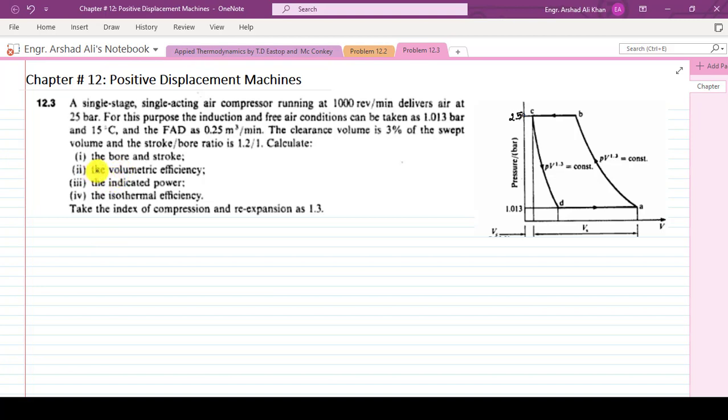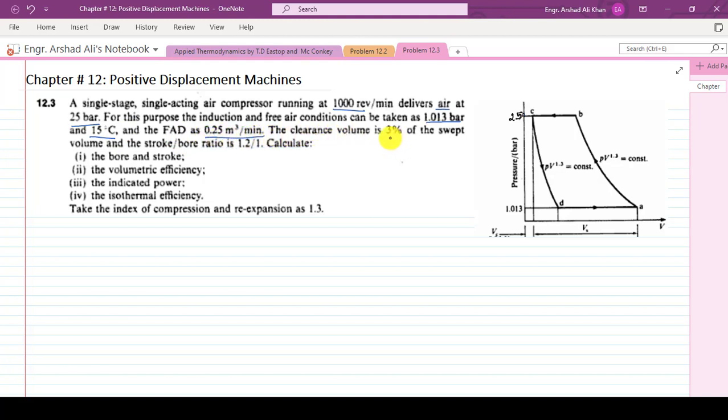The statement of problem 12.3 is: a single stage single acting air compressor running at 1000 revolutions per minute delivers air at 25 bar. For this purpose, the induction and free air conditions can be taken as 1.013 bar and 15 degrees C, and the free air delivery is 0.25 cubic meter per minute.